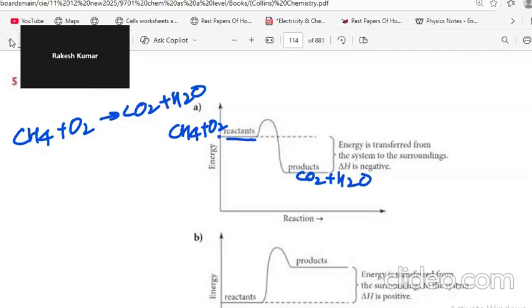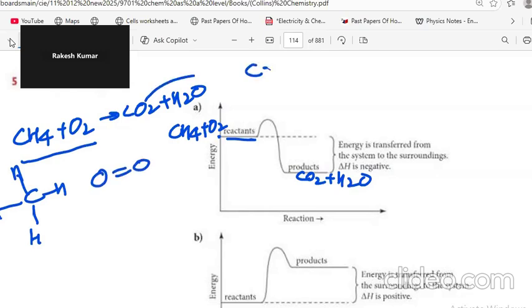What has happened here? These bonds have to be broken. So we have methane here, and we have the double-bonded O. And then we have CO2 and H2O.